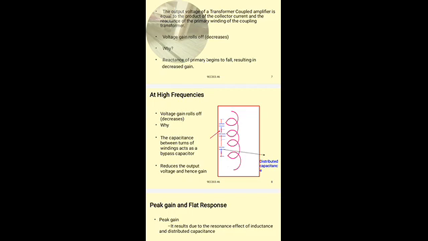The current gets bypassed, so the signal gets bypassed, so the voltage decreases at high frequencies. We call this capacitance stray capacitance or inter-element capacitance effect.